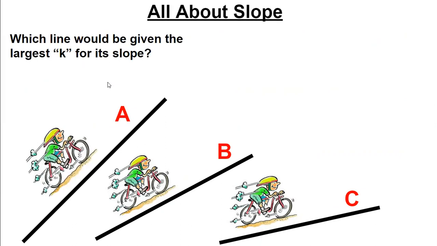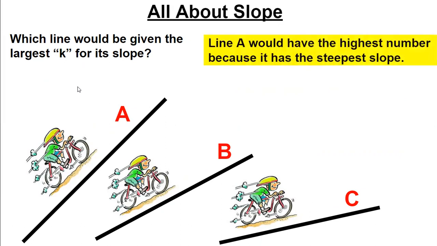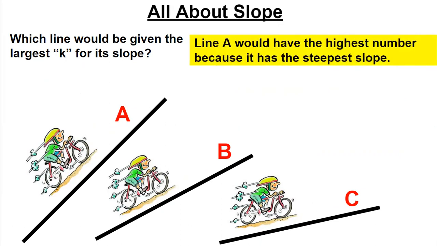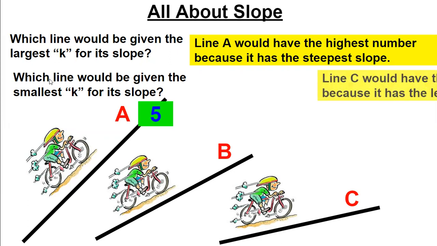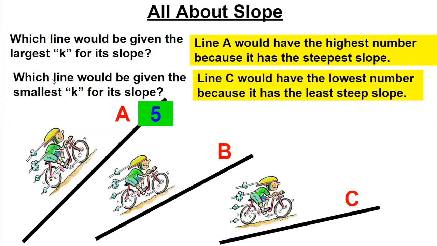Which line would be given the largest K for its slope? A, B, or C? Right, A. A would be the highest number because it has the steepest slope. Let's give it a 5. Which line would be given the smallest K for its slope? Exactly, C. Line C would have the lowest number because it has the least steep slope.